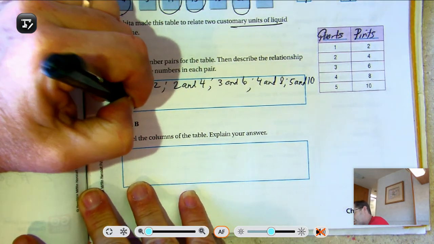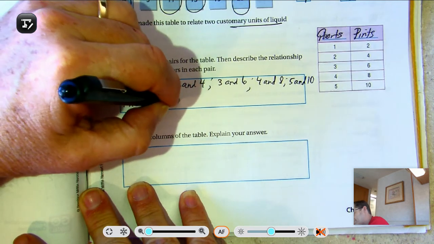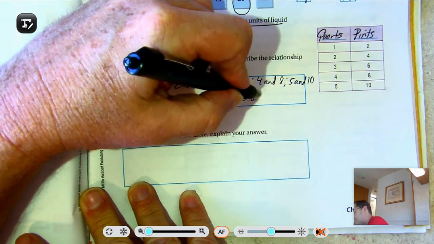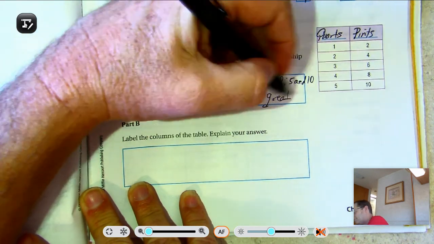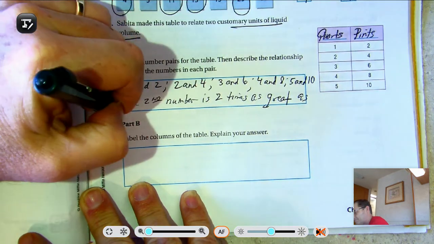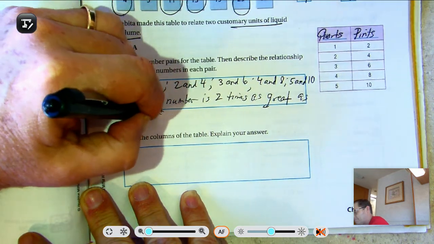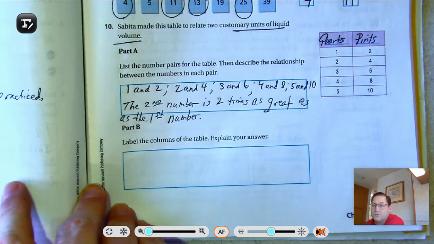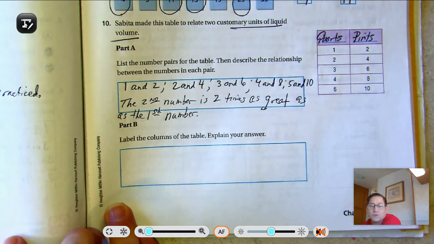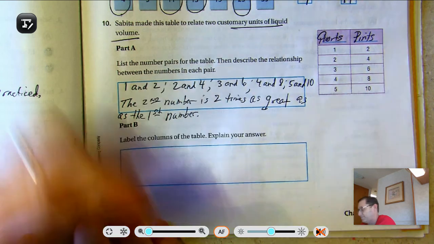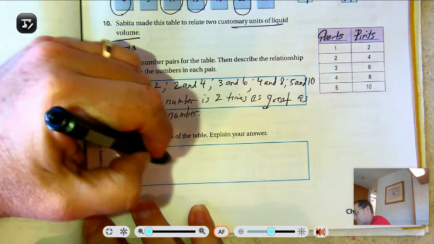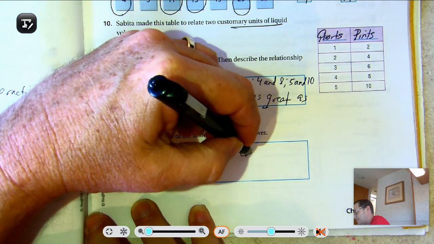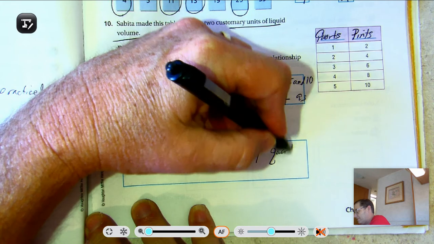The second number is 2 times as great as the first number. 1 times 2 is 2, 2 times 2 is 4, 3 times 2 is 6. Explain your answer. There are 2 pints in every quart.